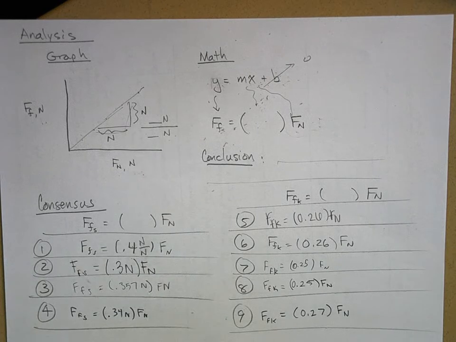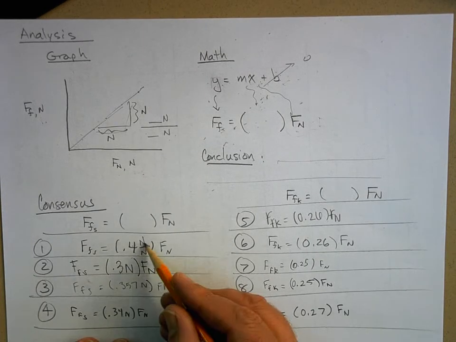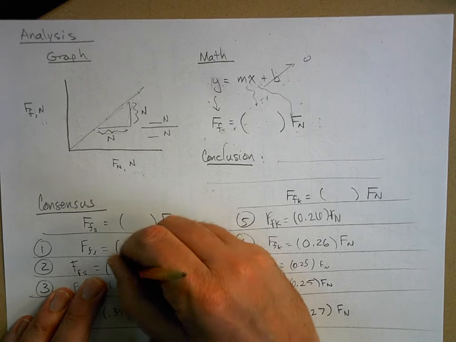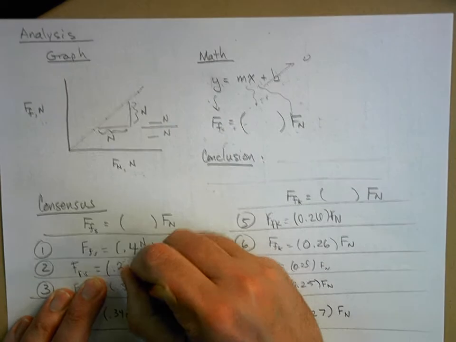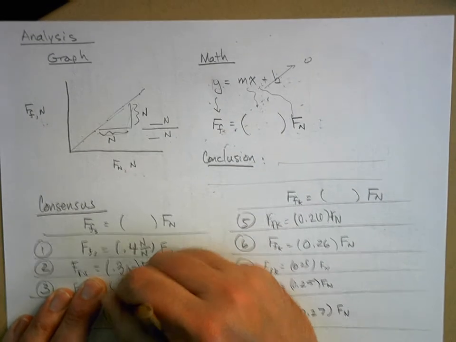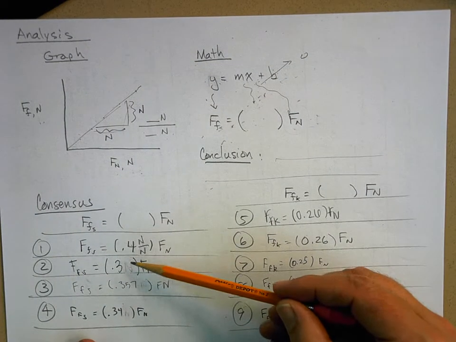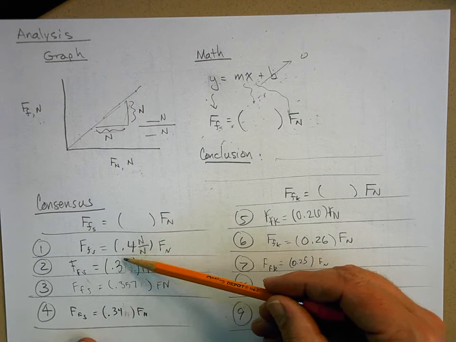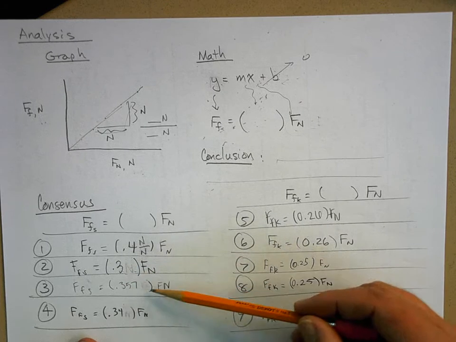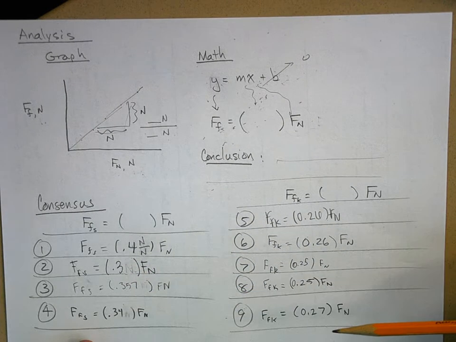Now if you have a newton per newton, that's the same thing as having nothing. So you shouldn't have newtons on here. You should just have 0.3, or you either have to have newtons per newton, or you have to have nothing.